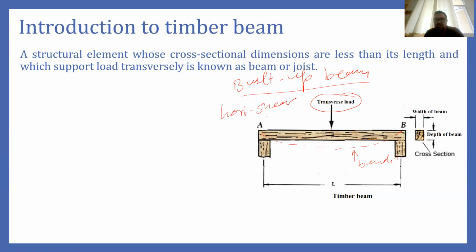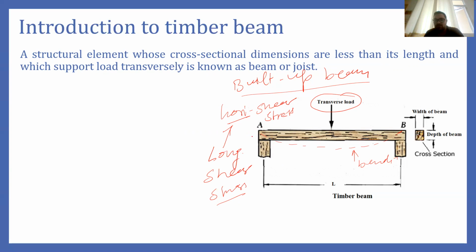shear stress. So we have discussed about the horizontal shear stress in the second lecture also. This horizontal shear stress will also be known as longitudinal shear stress. So this longitudinal shear stress is developed because of the complementary property of shear stress.